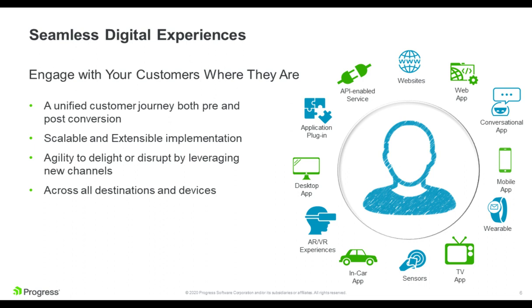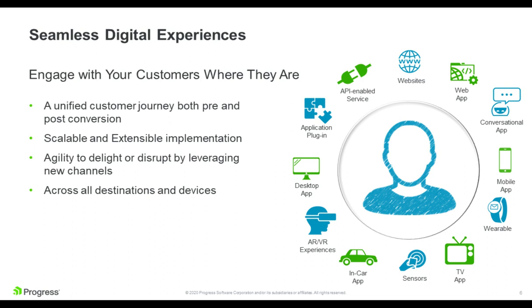And so we need to identify the fact that we have a life cycle of customers. We have a lifelong journey with those customers, and we need to adapt and engage with them both pre and post conversion. And we need to do this as a scalable model. And we need to be able to connect to different technologies so we can be extensible, extend that footprint, and allow your company to have best of breed technology and implementation.